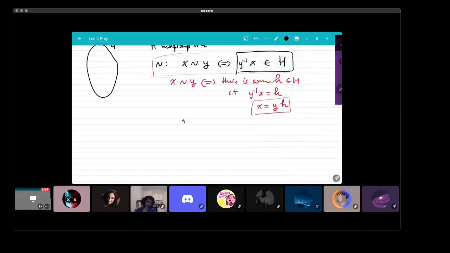So actually this equivalence relation is such that the equivalence class of any y is all the y times h for h in H. This can also be written as yH, and this is called a coset.